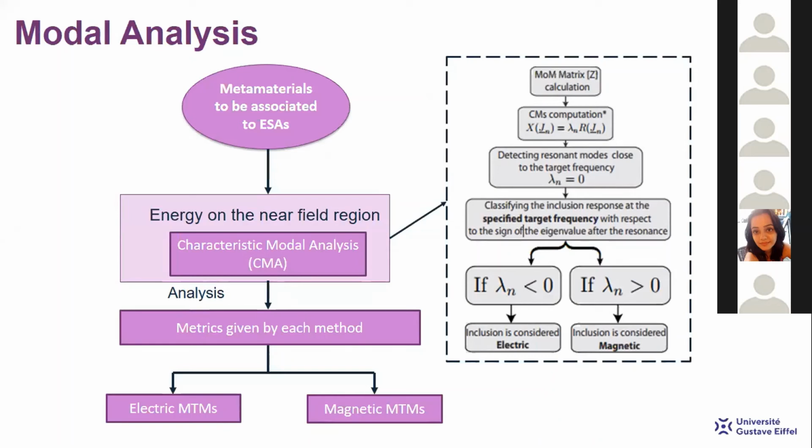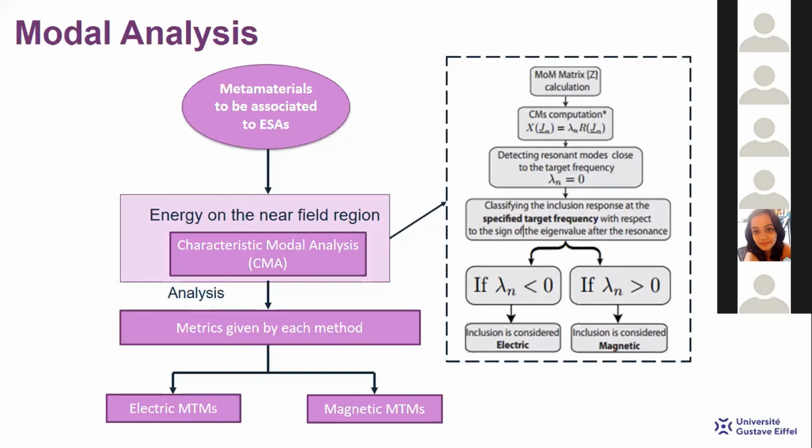Here in this inset, we have the workflow of how to classify the metamaterial as electric or magnetic. First of all, we need to calculate the impedance matrix, and after that we need to solve the linear system. After solving this linear system, we obtain the eigenvalues.